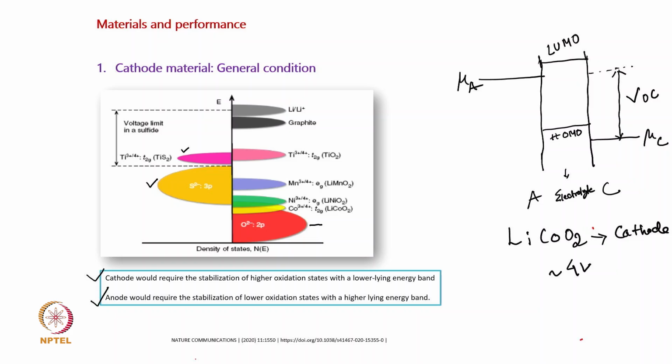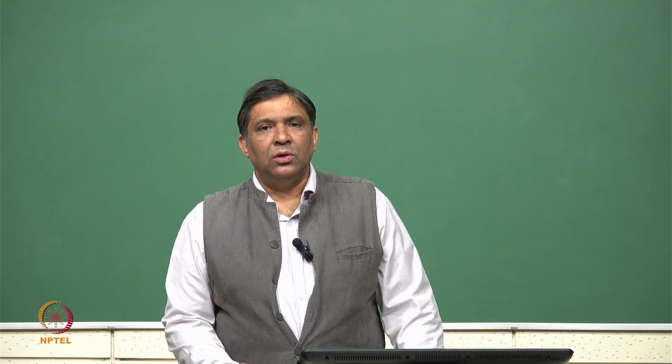Okay. So, the reason behind this is, as I just now mentioned, that we have lower lying energy bands for this oxide cathode material. You can look at some other oxide materials also like LiNiO2, LiMnO2, etc., which are considered efficient oxide materials for lithium ion batteries. Okay.